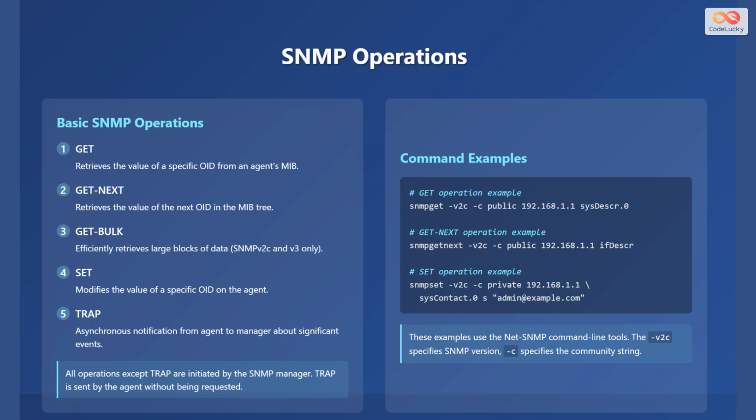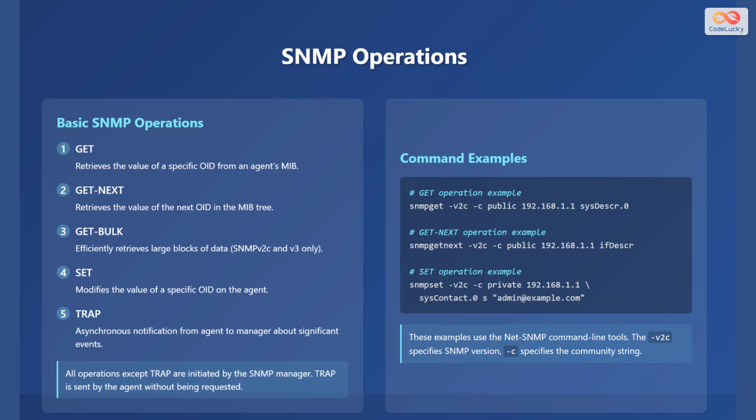GET-BULK efficiently retrieves large blocks of data and is available in SNMP version 2c and version 3 only. SET modifies the value of a specific OID on the agent. TRAP is an asynchronous notification from the agent to the manager about significant events.